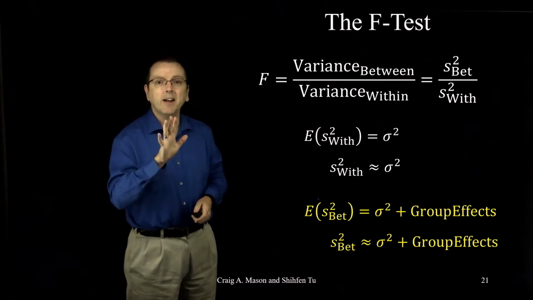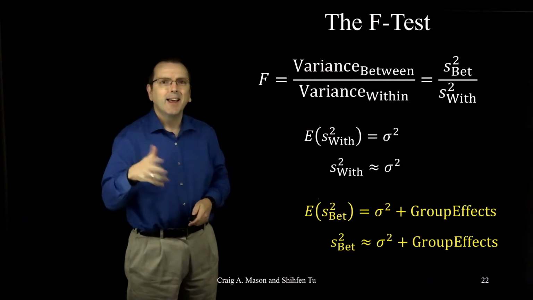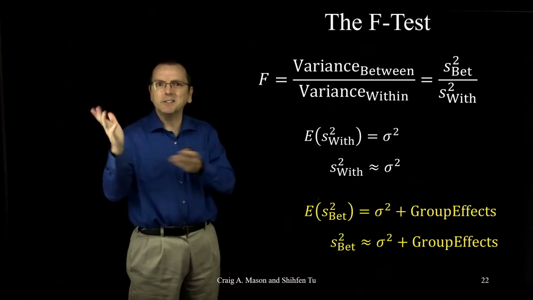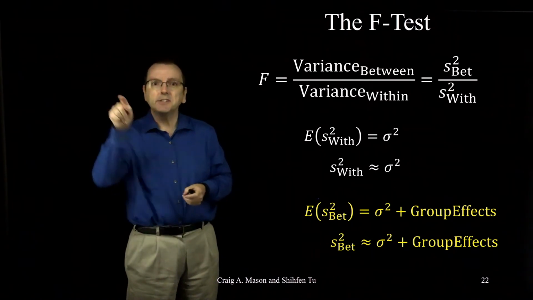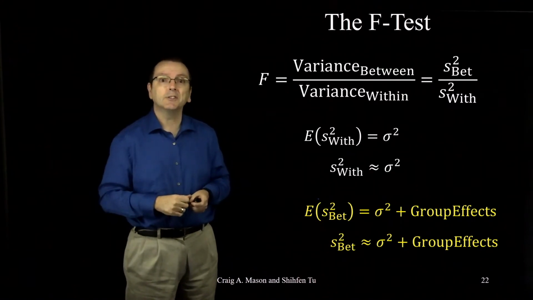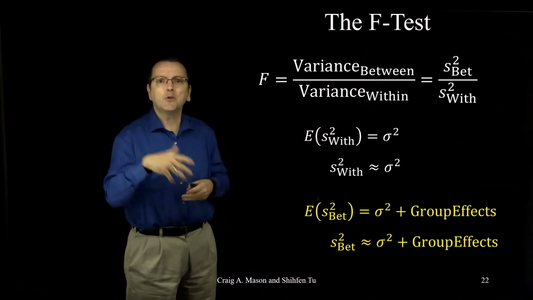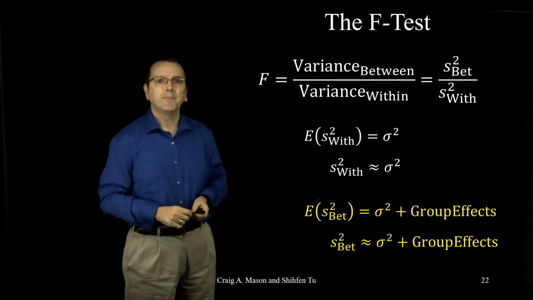Now, also, I should note that you may see people use the term treatment effects instead of group effects. The phrase treatment effects just harkens back to classical experimental designs where you assign participants into different experimental conditions. But in this context, group effects and treatment effects are the same thing.